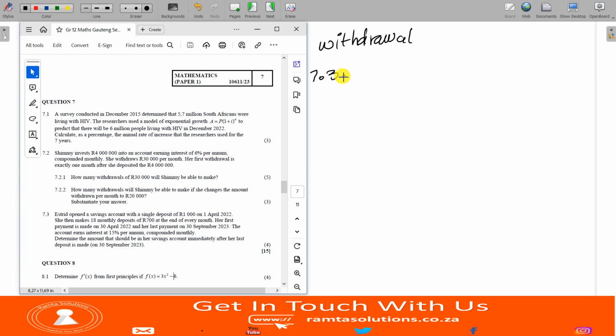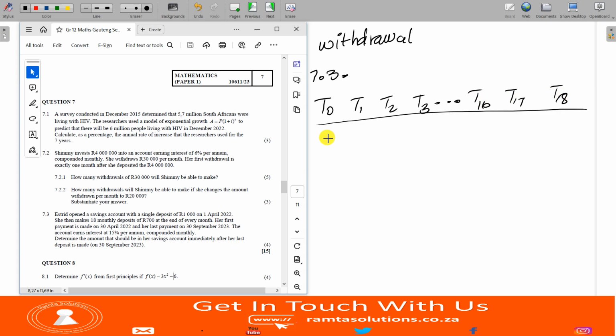Oh, this is nice. Remember, this looks like an annuity problem, so we need to draw a timeline. There are 18 payments of 750. So I'm going to say 16, 17, 18.